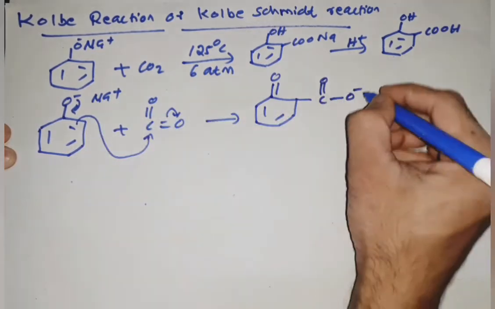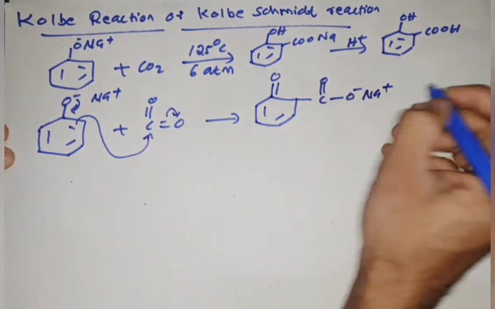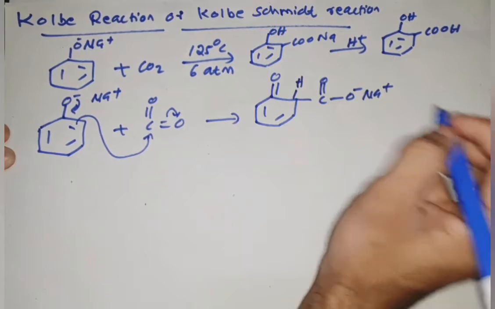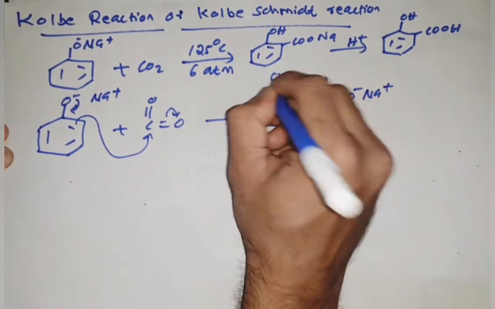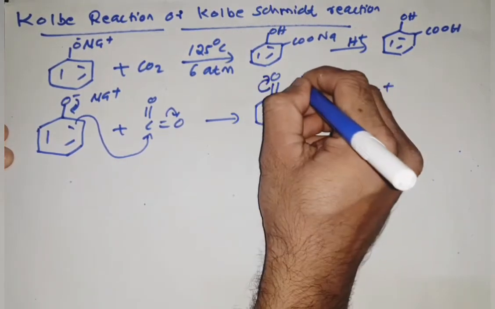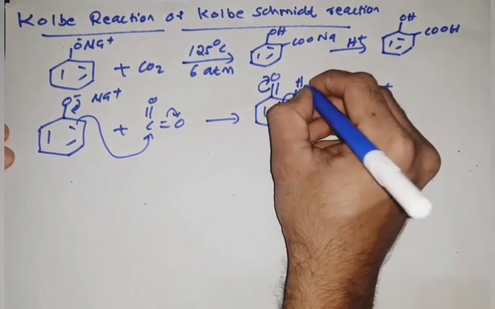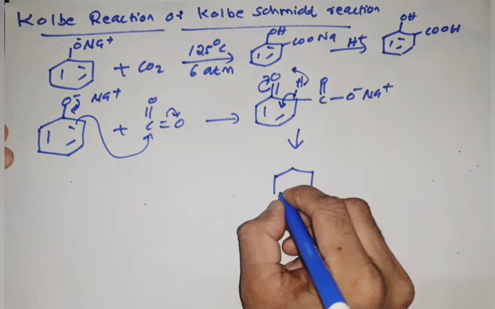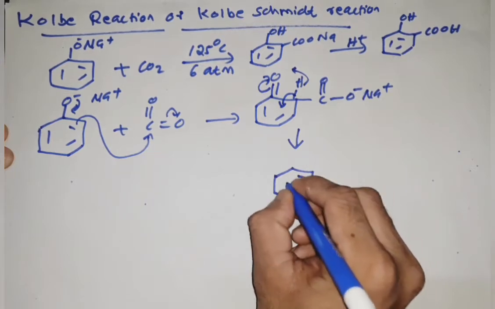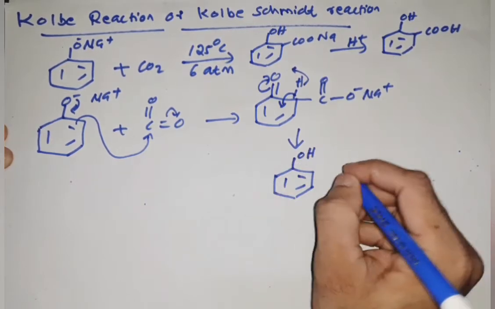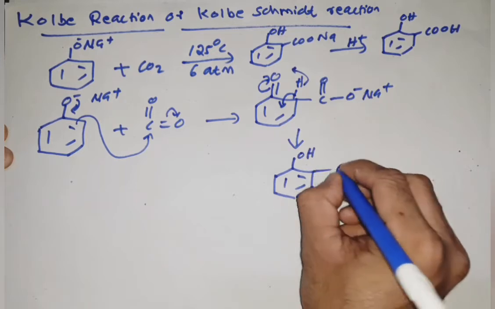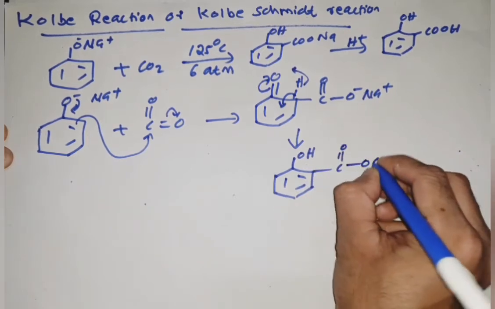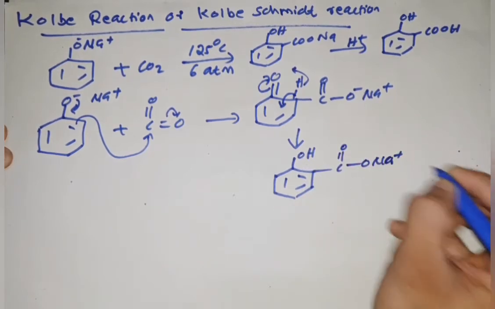This Na plus is taken by this one. Here H plus is there. Next step, this shifted to here. This H plus will attack here, and we get OH, C double bond O, ONa.